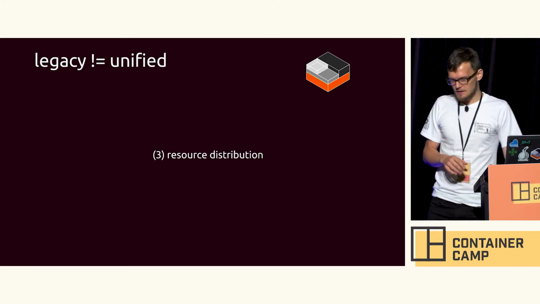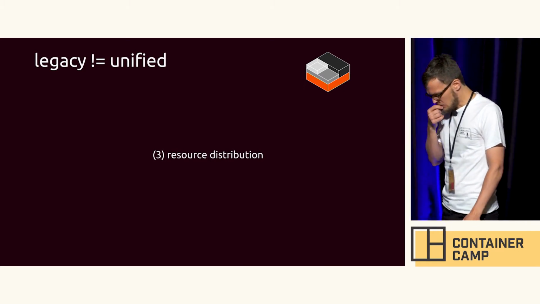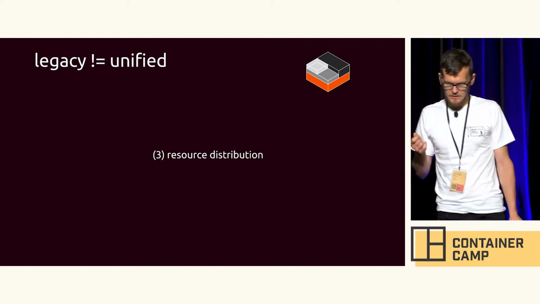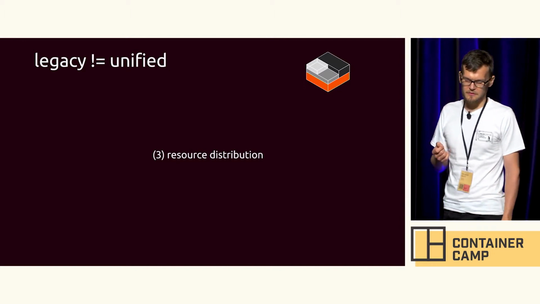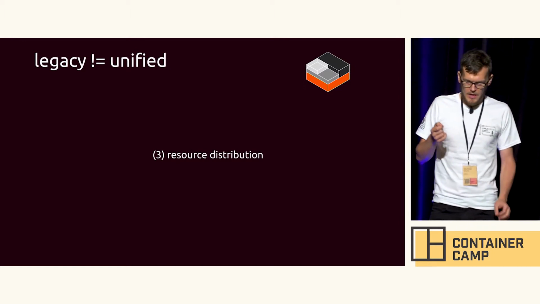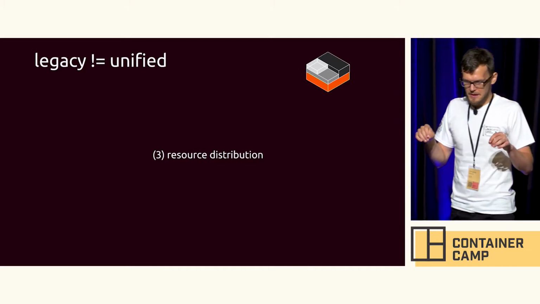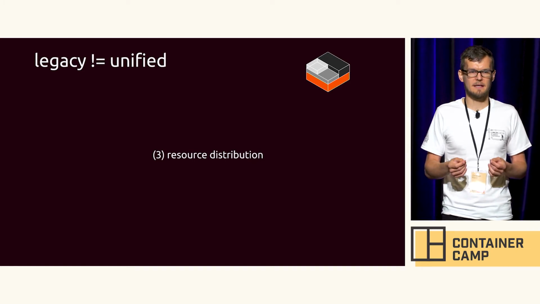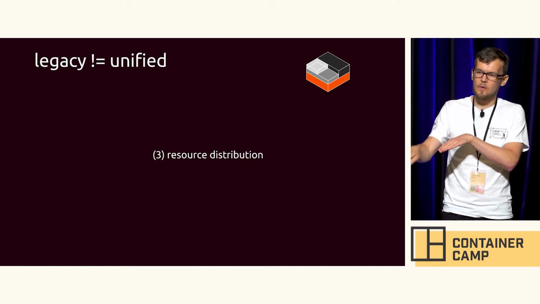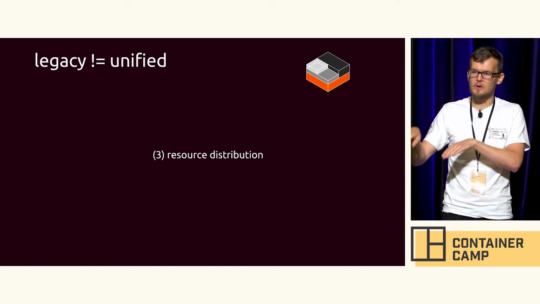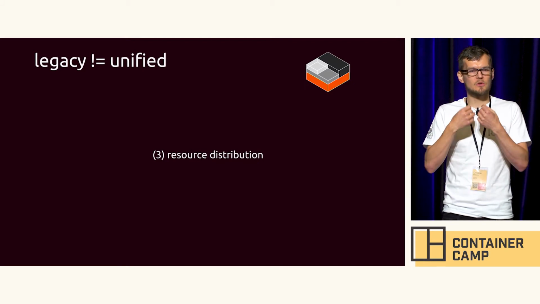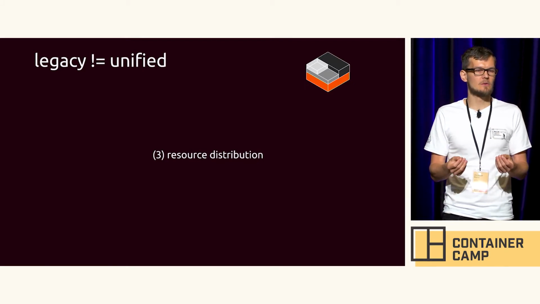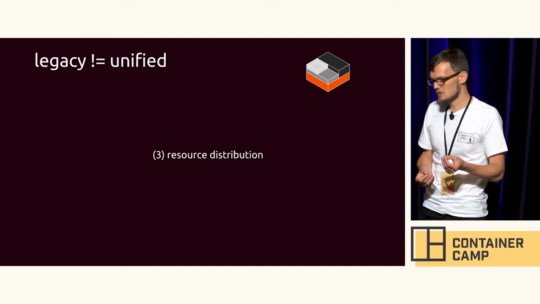So the third one is resource distribution. Resource distribution is also different. As I said, you now distribute resources by writing into a file called cgroup.subtree_control, enabling a bunch of controllers for the Cgroups further down the hierarchy. What controllers you have available in a given Cgroup you can gather from a file called cgroup.controllers.